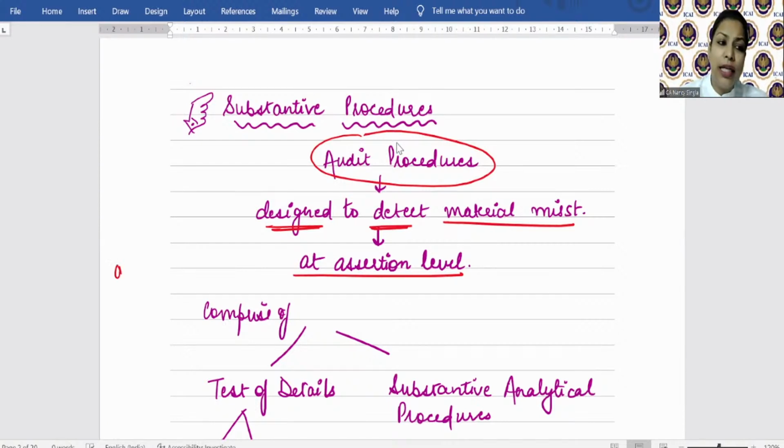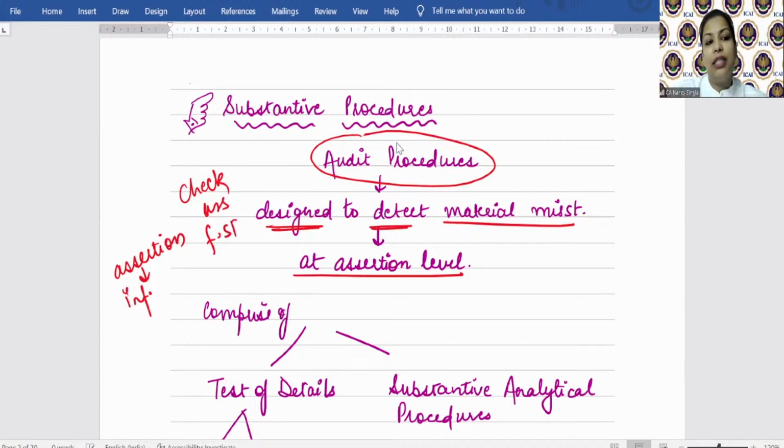But as I've told you about assertion, try to understand that whatever information is given in the financial statement, the financial information that is present in the financial statement is what? Assertion, right? So the auditor will now check the assertions that are there in the financial statement.